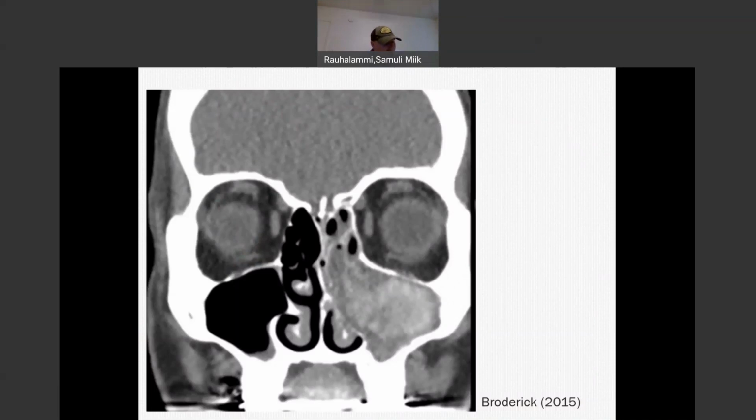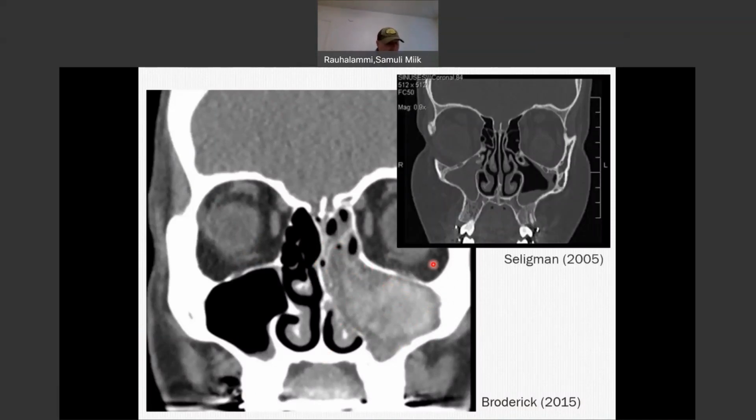We see the inflammation of the paranasal sinuses here. I believe this is a CT scan. And here actually we see complete opacification of the right maxillary sinus. This is a CT image without a contrast, so it really shows the extent there.